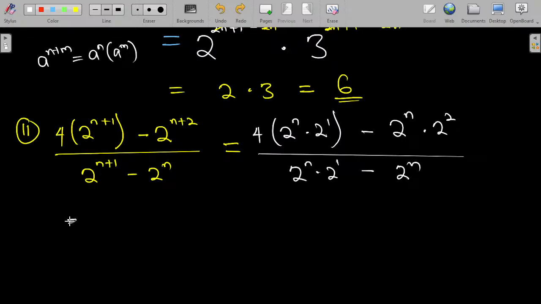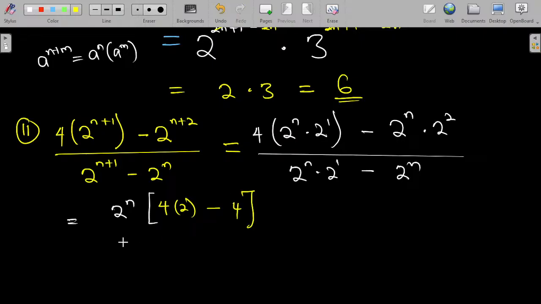Here I have 2 to the power of n, 2 to the power of n, so I can bring out 2 to the power of n and open up a big bracket. From the first part, the 4 will be left there, multiplying this 2 that is also left here. Then minus, on this side, only 2 to the power of 2 will be left, and 2 to the power of 2 is 4.